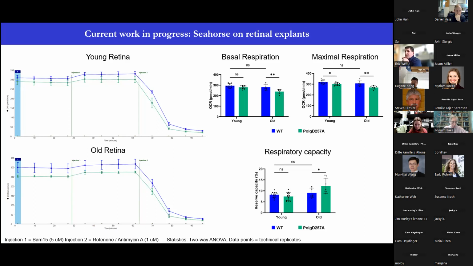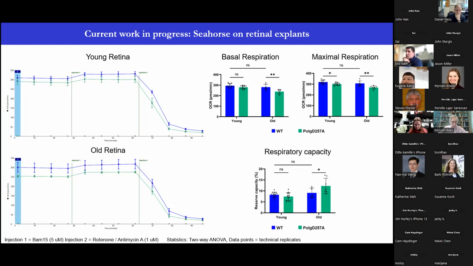Young is the 3-month time point, and old is not the 9-month time point, but we actually extended this even further to a 12-month time point. By about 13 months of age, these mice are pretty much dead. Not many live much longer than 13 months, the D257A at least, so 12 months is a very old time point for them.